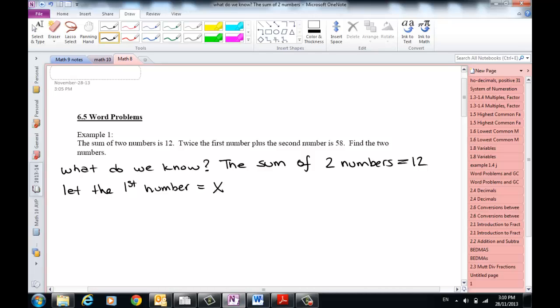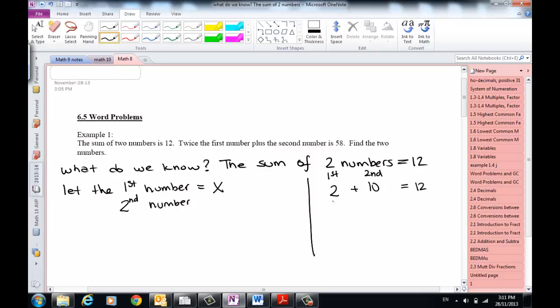Then I need to find out what the second number is, because it says the sum of two numbers. So what is my second number? Now, I could just let it equal another variable, but I want to try and incorporate that piece where it says 12. So if we look at some examples, just over here as a side, if the first number is 2, it's got to equal 12, so the second number would have to be 10, because 2 plus 10 is 12.